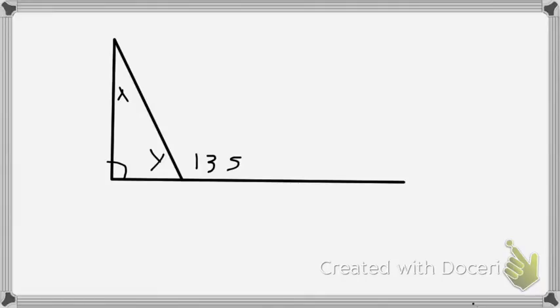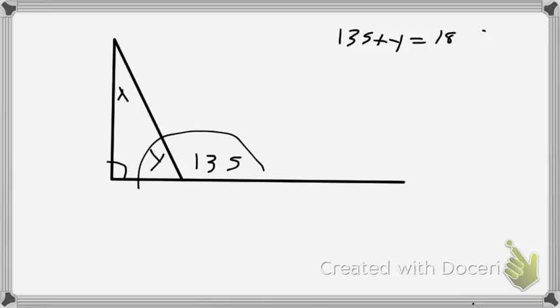What is really helpful with the exterior angle theorem, if we were to try and find x and y here, is we know that 135 plus y equals 180 degrees.